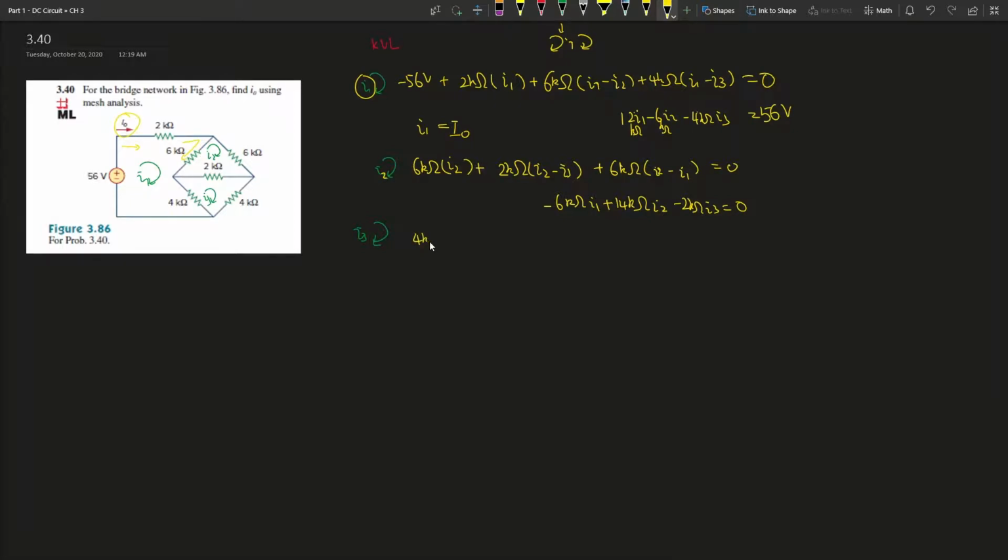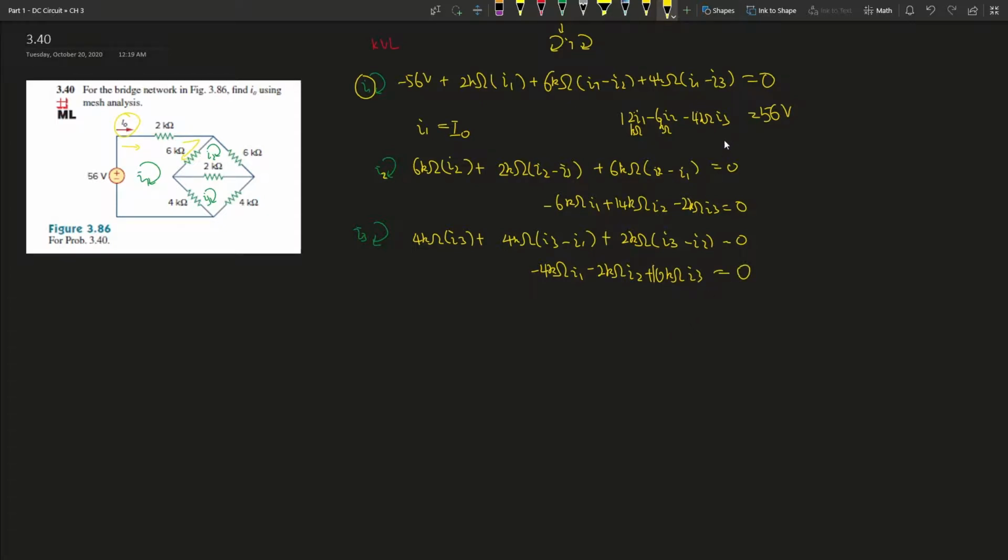Use the same approach: 4k ohms times I3, plus 4 kilo ohms times I3 minus I1, plus 2k ohms times I3 minus I2, gives you 0. Looking for the I1s: negative 4 kilo ohms I1, negative 2 kilo ohms I2, and for I3, 2 plus 4 plus 4, so 10 kilo ohms I3. The whole thing gives you 0.